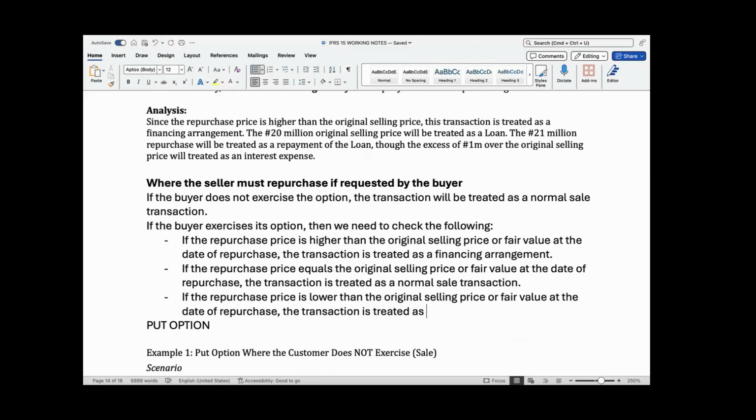A lease. Correct. As a lease. That's perfectly correct.